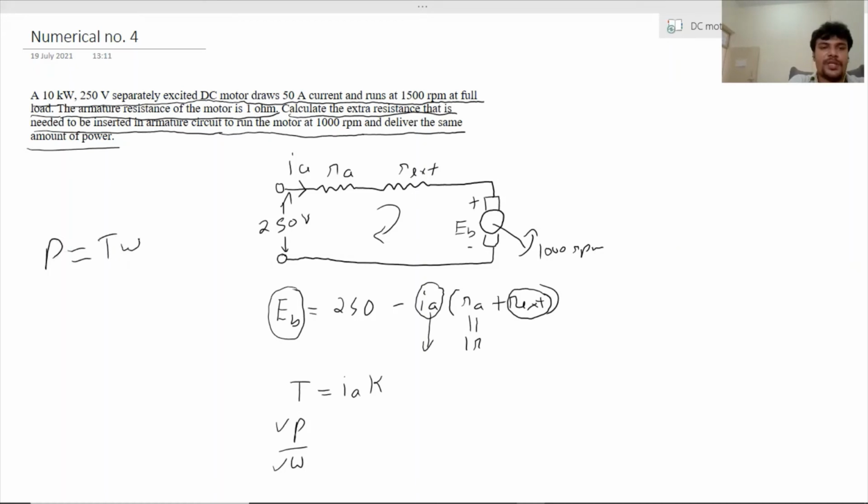P into omega. In the previous question as well, you can just validate this equation. You were knowing the torque, you were knowing the speed, just multiply those things and see that it comes equal to the power rating of the motor. So it will come. So from here we can say that we know P, we know omega, we just don't know the K.